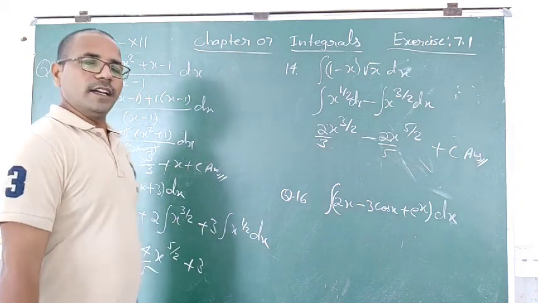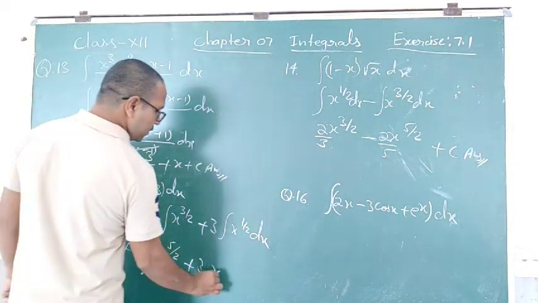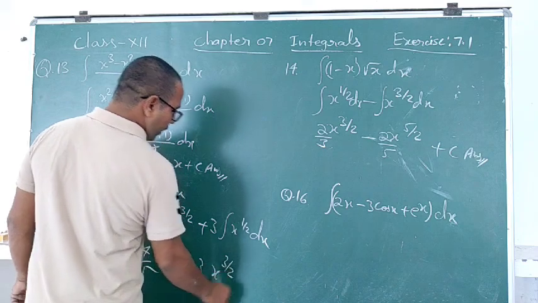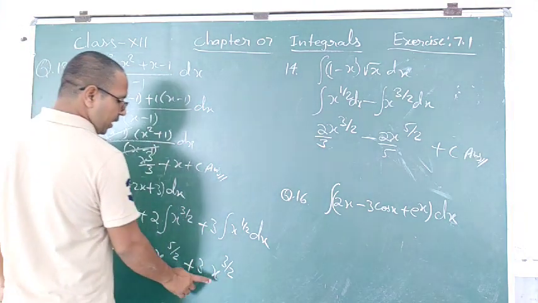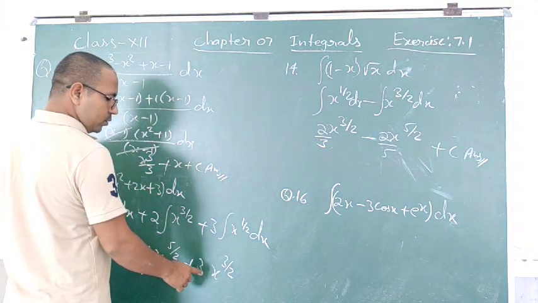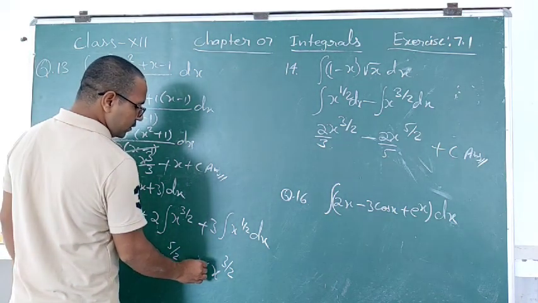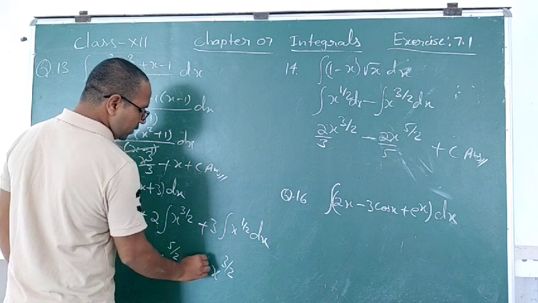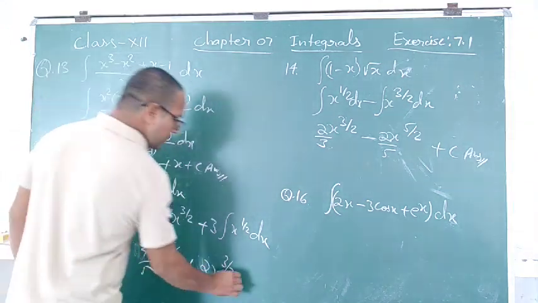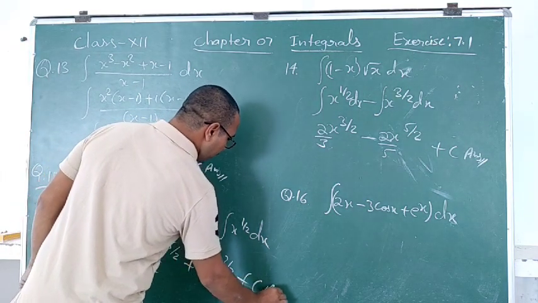So 1 by 2 added here, how much will you get? 3 by 2, and 3 by 2 can be written as 2 by 3, that means 6 by 3, and 3 can be cancelled, you will get 2 only. So plus C. This much is our answer.